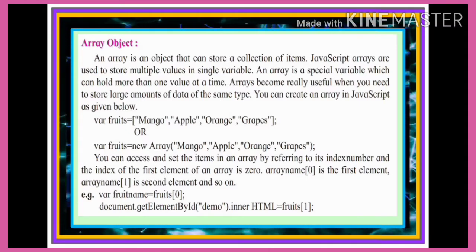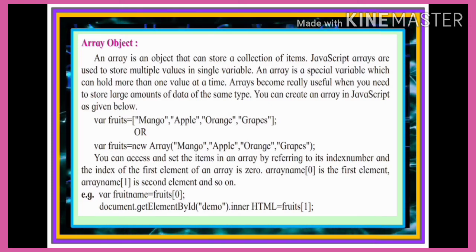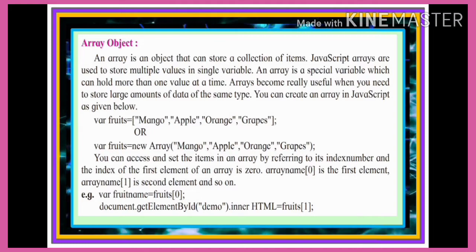You can also use the getElementById method of the document object and the innerHTML property to display the array elements. Students, normally we count our number of elements from 1, but in an array it will start from index number 0, 1, 2, 3, etc.